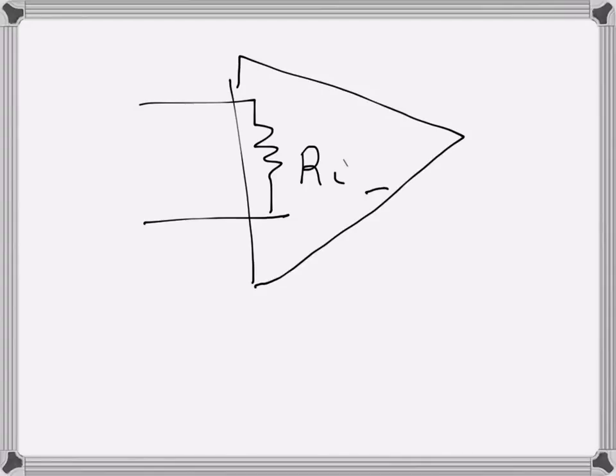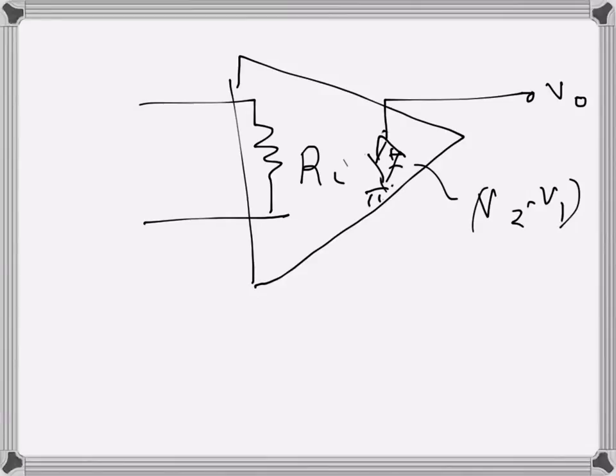This is ground, and then we have a voltage controlled voltage source, basically, like that, and then it goes here. This is V0, and this value is VD, V2 minus V1, times AD.